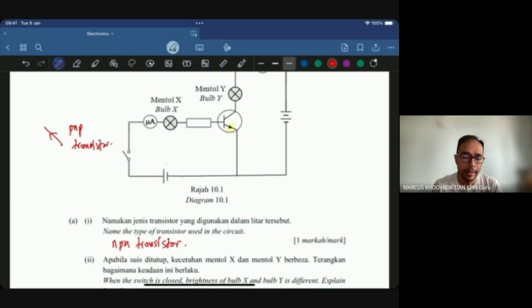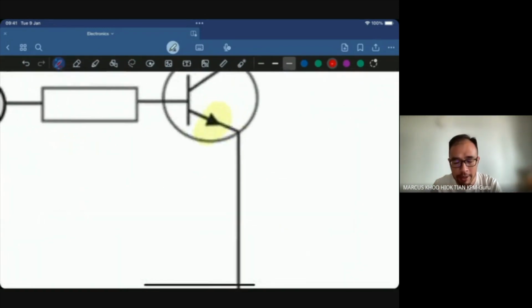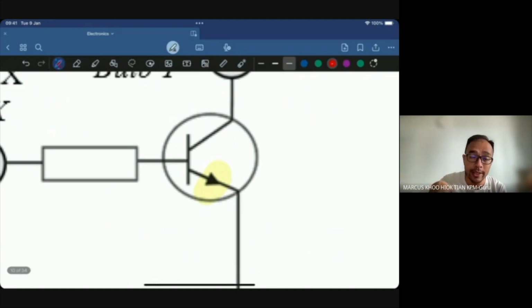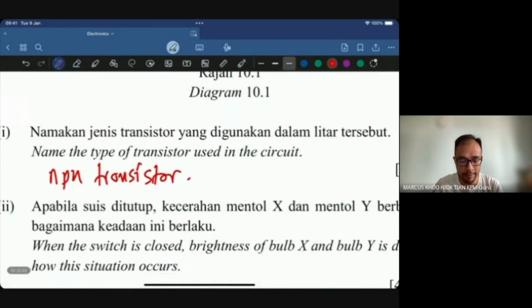But having said that, especially at SPM level, most of our discussions center on NPN transistor. Very, very rare actually, I've seen a question on PNP transistor. But just to be sure, make sure you double check that the arrow is pointing downwards. If the arrow is pointing downwards, then you know that it's an NPN transistor.